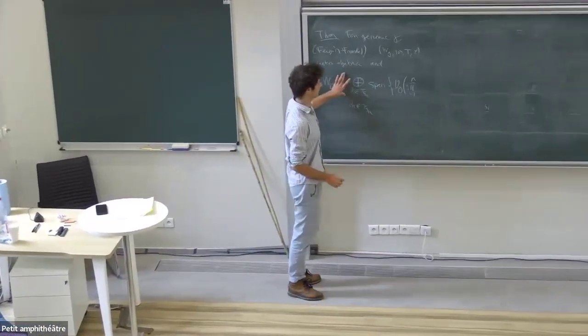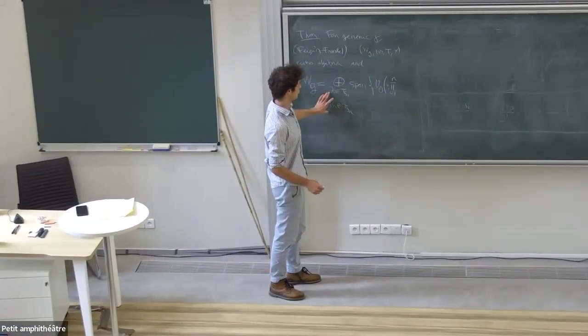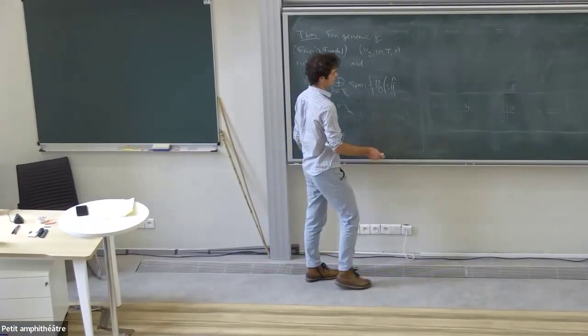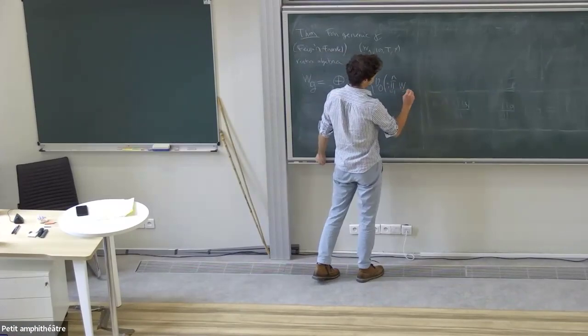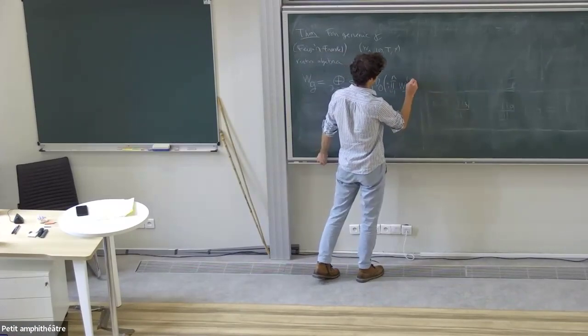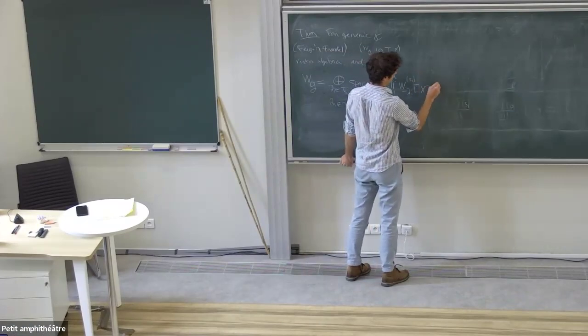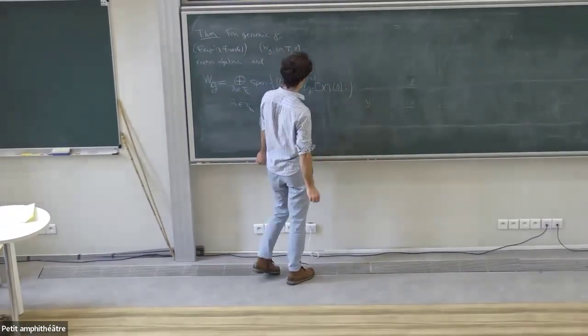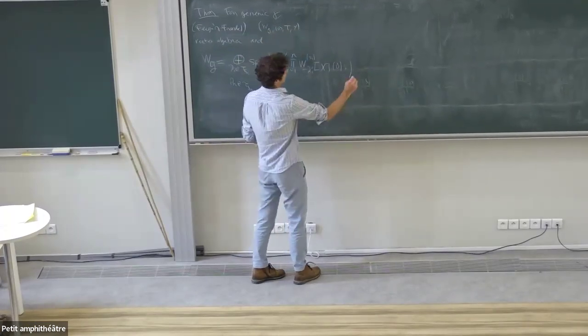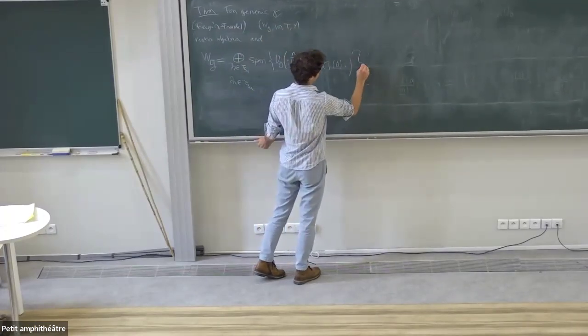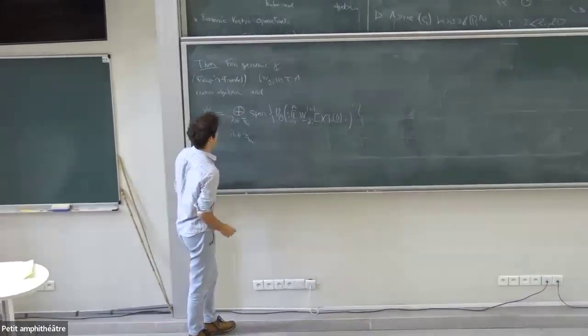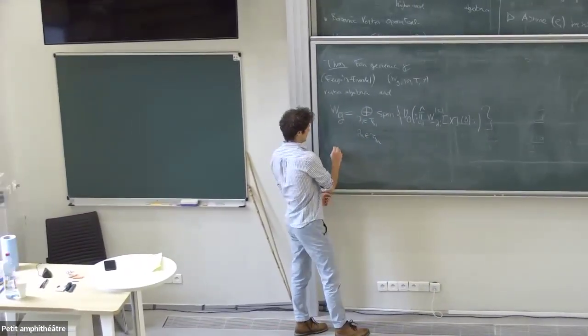So the statement is that, the way you can generate this space is, this is not exactly the statement of Feigin–Frenkel, but this is adapted to our context. So you can generate this space.